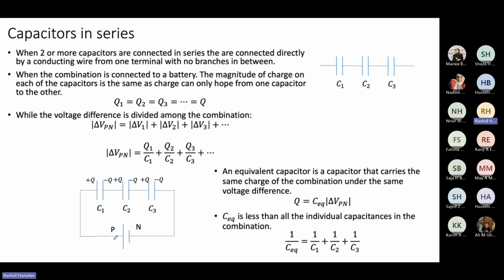Now, the voltage of the battery's positive terminal is going to be the same as the terminal of the first capacitor. Then here the voltage is going to be the same as here. Then the voltage here is going to be the same as here because they are connected in contact. And then the last capacitor is going to be the same as the battery.